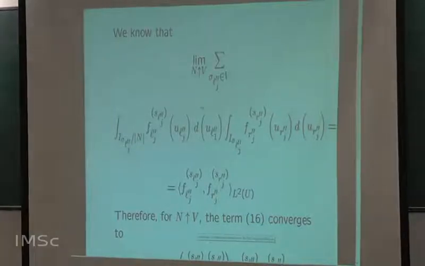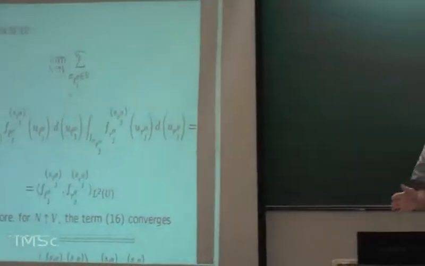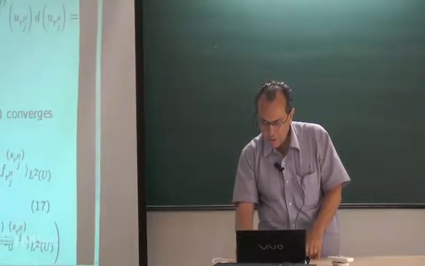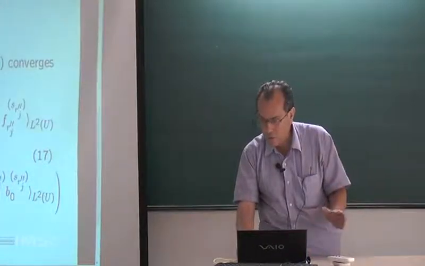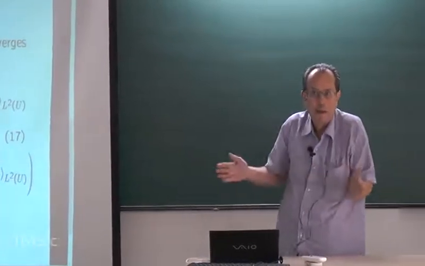Then we proved in the previous lecture that this sum converges to the scalar product in L2. Observe, this can be an infinite sum. However, the functions have compact support, so this sum for each given pair of functions is reduced to a finite sum. So it makes sense. This was proved in the previous lecture for the covariance, and so we have the limit of the covariance because it's simply a finite product.